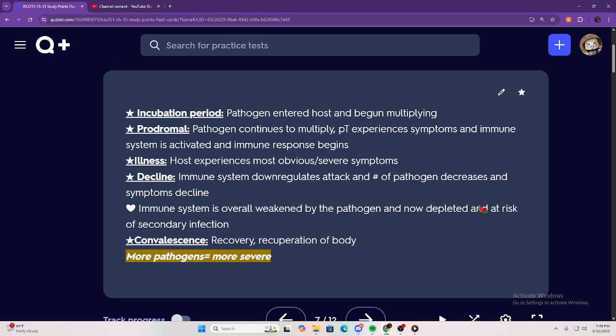convalescence is where we fully recover and our body recuperates. And in this entire course of infection, the more pathogens there are, the more severe this entire process is. But another thing you need to know is the immune system during this state of decline.